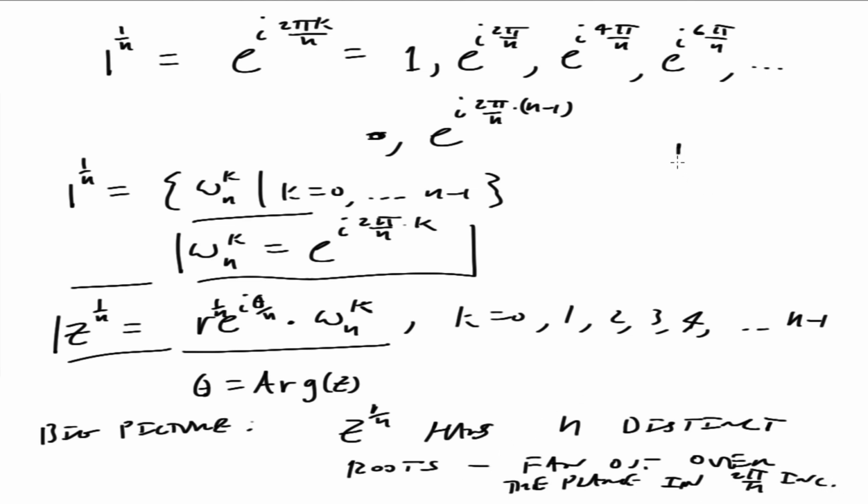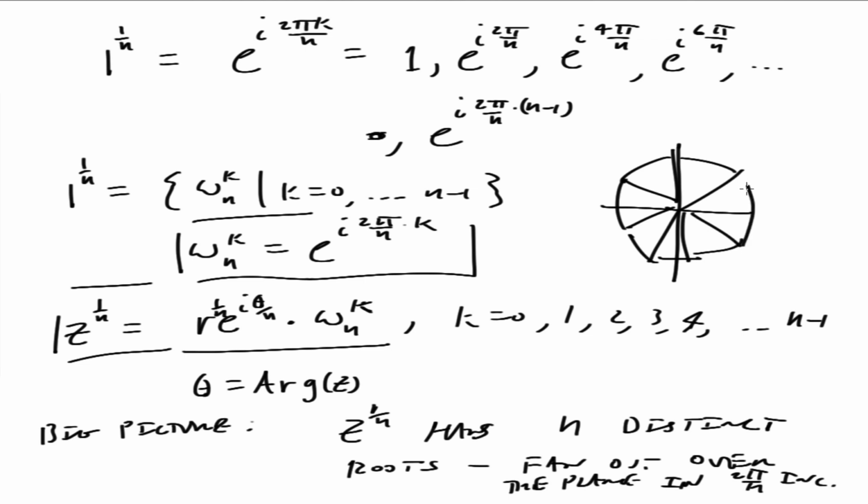Wherever you are, you're going to go around n times till you get back to where you started. That's the idea: these 2 pi over n increments move you around the plane till you get back to where you started. All right, thank you very much.